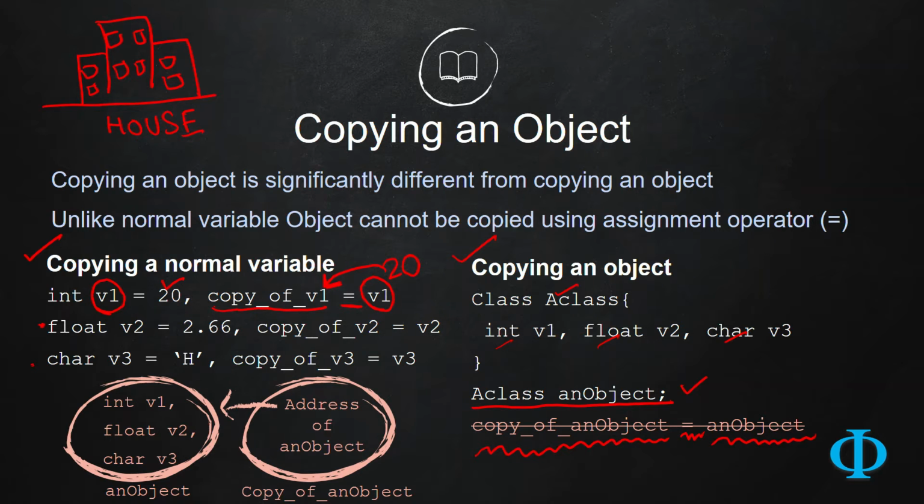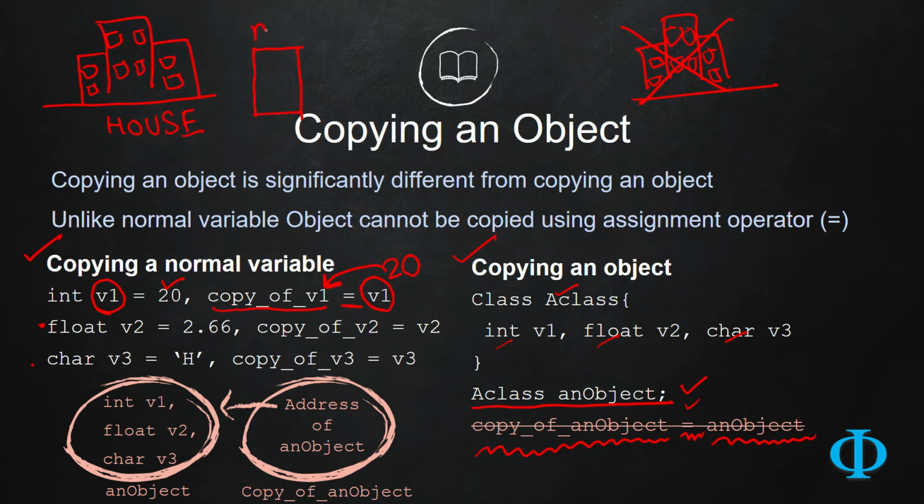That means you want to rebuild the house in a different place. But when you are doing this using the assignment operator, it does not make a separate house like this. It does not happen something like this. No.